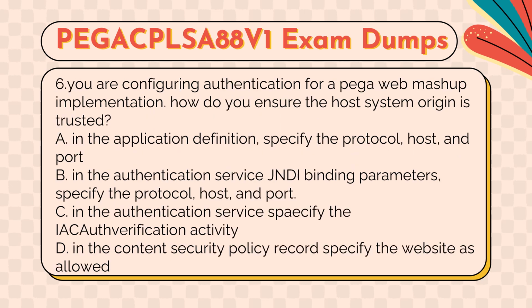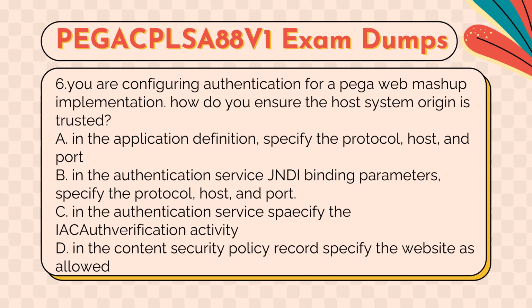6. You are configuring authentication for a Pega web mashup implementation. How do you ensure the host system origin is trusted? A. In the application definition, specify the protocol, host, and port.